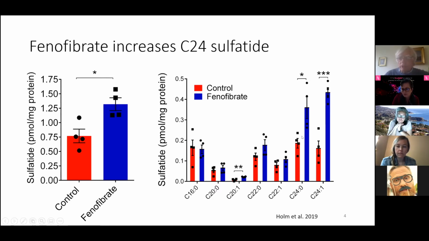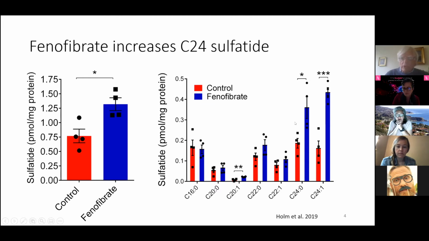But the long-chain sulfatide is anti-inflammatory. These are the anti-inflammatory molecules. And you can see that it's more than double the amount of sulfatide when giving fenofibrate.